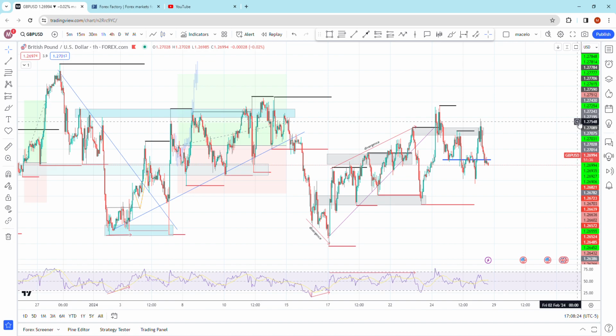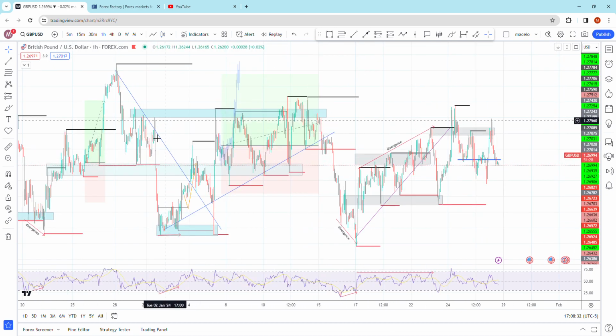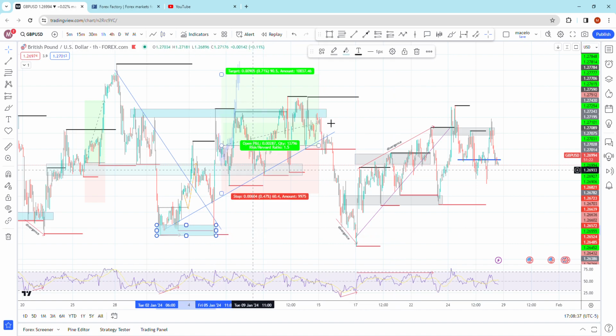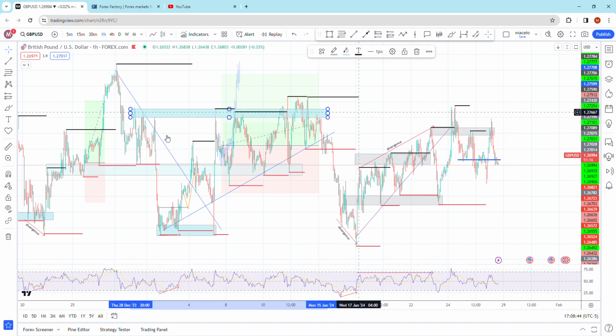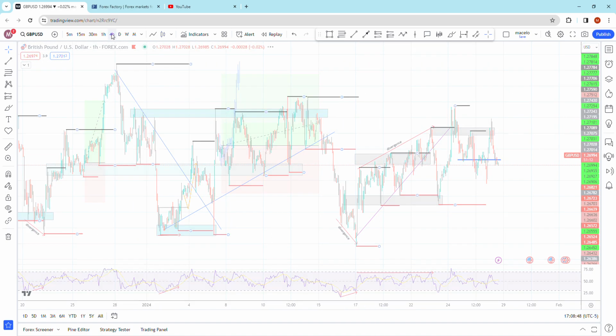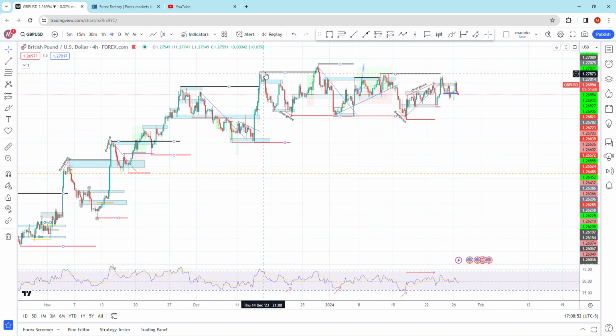Right now, I wouldn't say we're in an uptrend, but we're still almost in a consolidation range. This is the lowest price ever went, and this right now is the highest price has been at for quite some time, since December. If we go to the 4 hour, we can see that this is all one big consolidation.